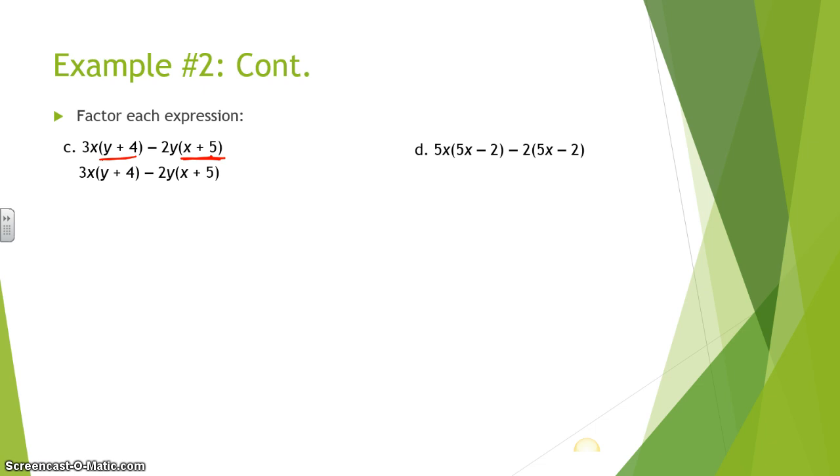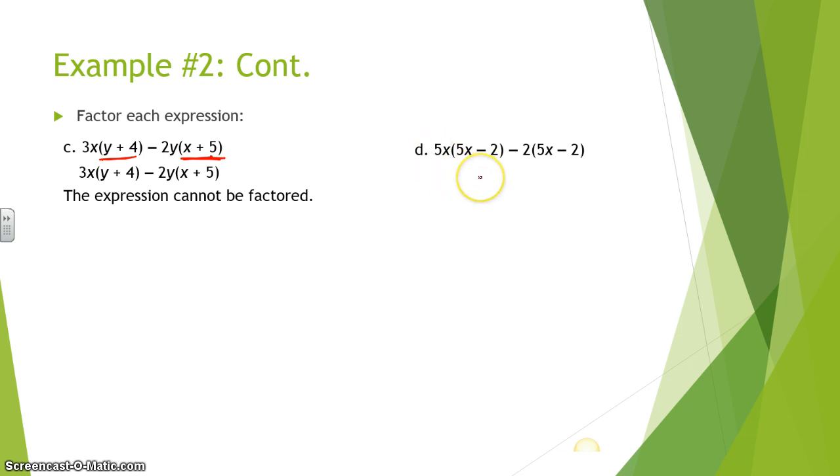So for this answer, we would just say the expression cannot be factored, and we're done. Now if this was y + 4 and y + 4, then that would be a common binomial factor, but that's not what it's showing, so it's not factorable.